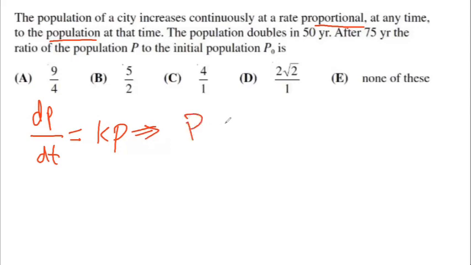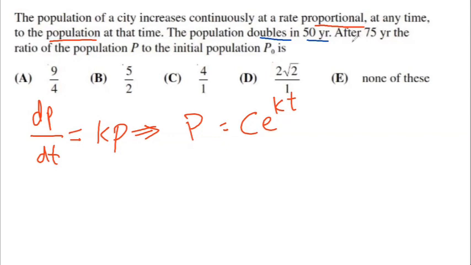We have P equals c e power kt. We just did this in the previous example. This type of equation always has this general solution. Now here we start to work, because we use this initial condition. The population doubles in 50 years.